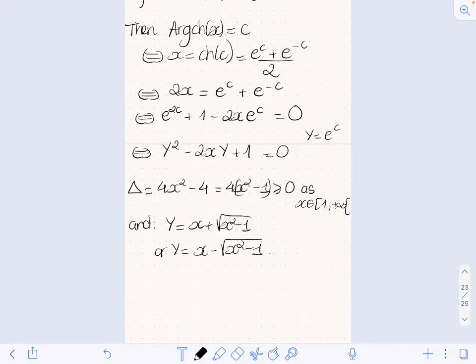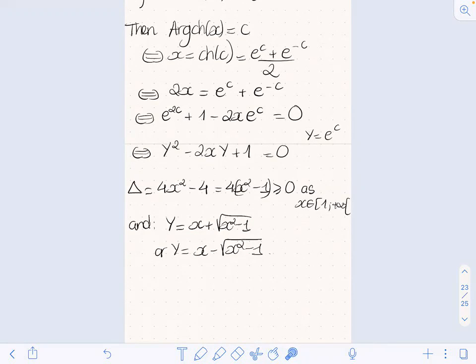Can we say anything about the values of these two terms, or the signs of these two terms? I think both of them are positive.